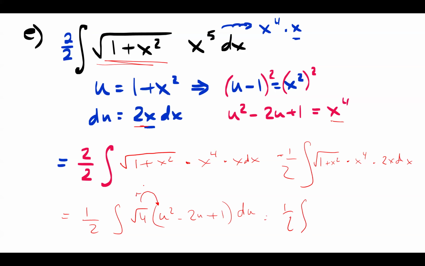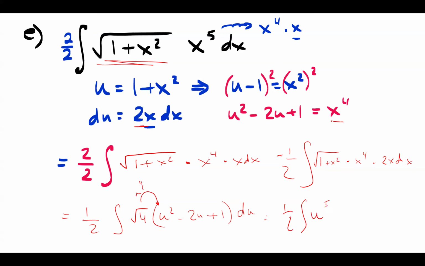Square root of u is u to the 1/2. So what is u to the 1/2 times u to the 2? It's 5/2. Oh, it's addition, right.